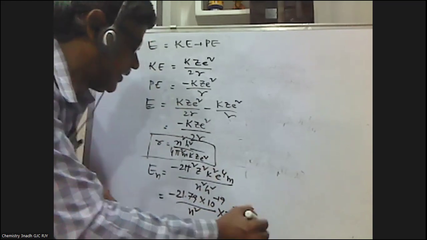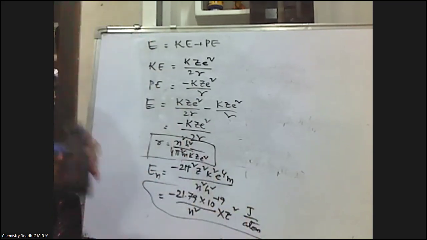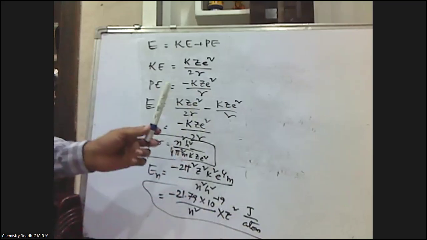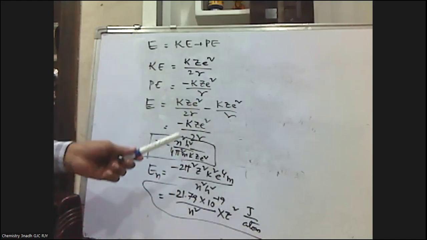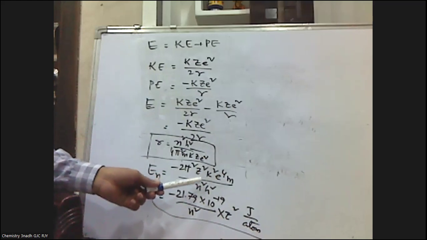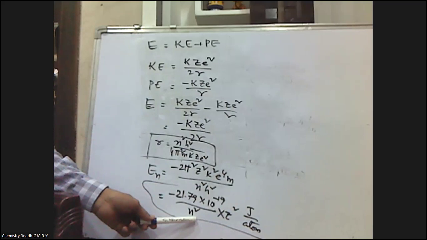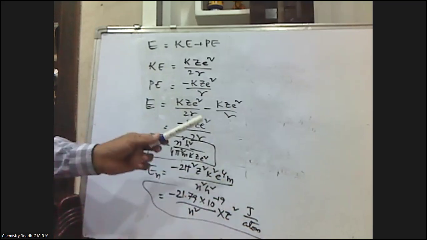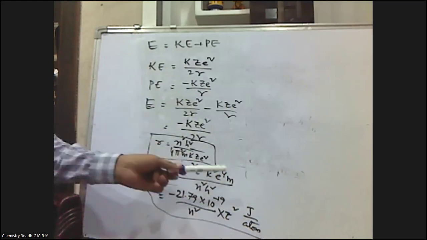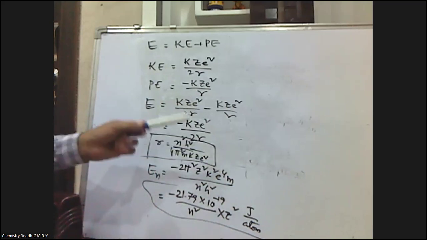This is the unit. So this is the expression in terms of joule per atom, right? So minus 21.79 into 10 to the power of minus 19 Z square by n square joule per atom. So this is the energy expression for the Bohr's orbit.